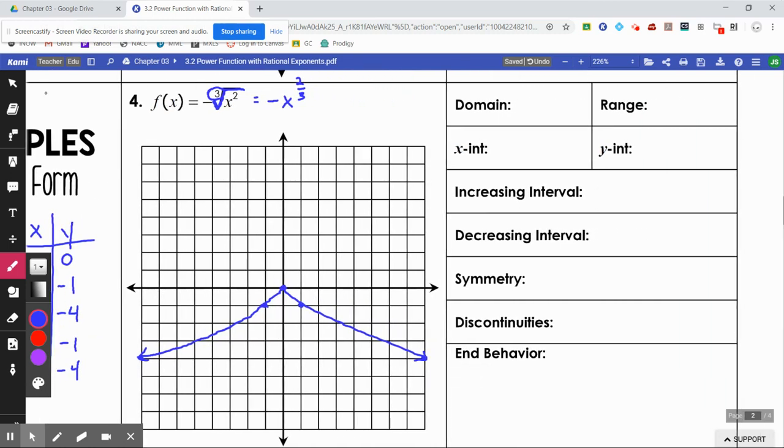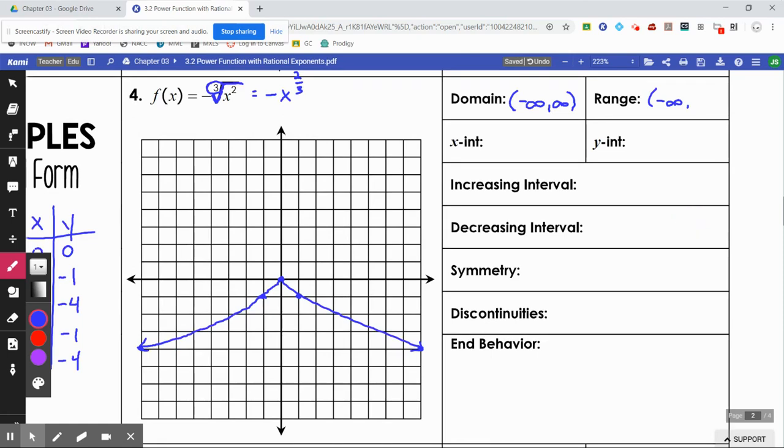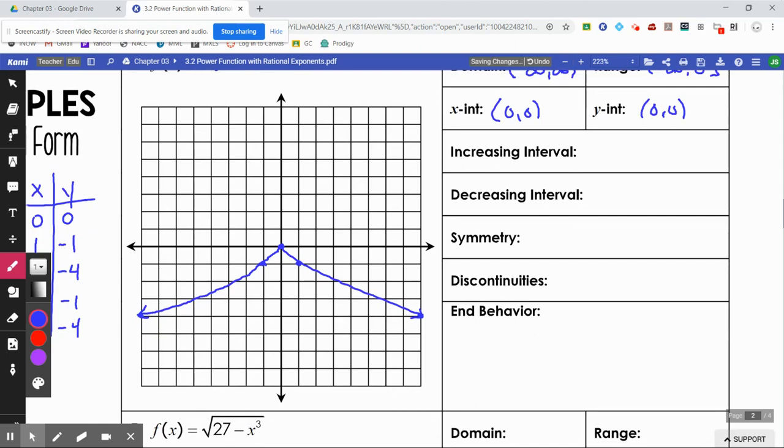The domain is going to be all real numbers. The range, however, is going to be all values from negative infinity up to just 0. It's not going to go any higher than 0, so that's your upper bound there. Your x-intercept and your y-intercept are going to be the origin. Increasing interval, it increases from negative infinity up to 0, and then it starts decreasing, going downhill.